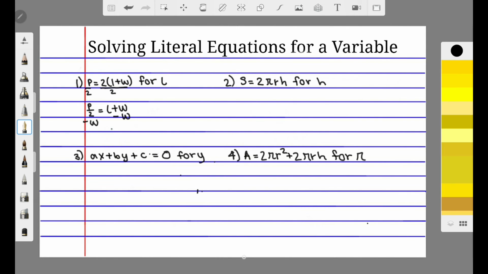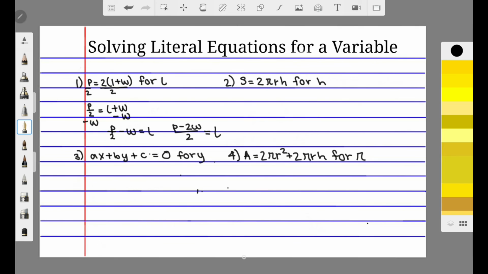So we basically have P divided by 2 minus W is equal to L. We can also write this as P minus 2W over 2, because the 2 and 2 will cancel out, and we'll just get P divided by 2 minus W is equal to L.